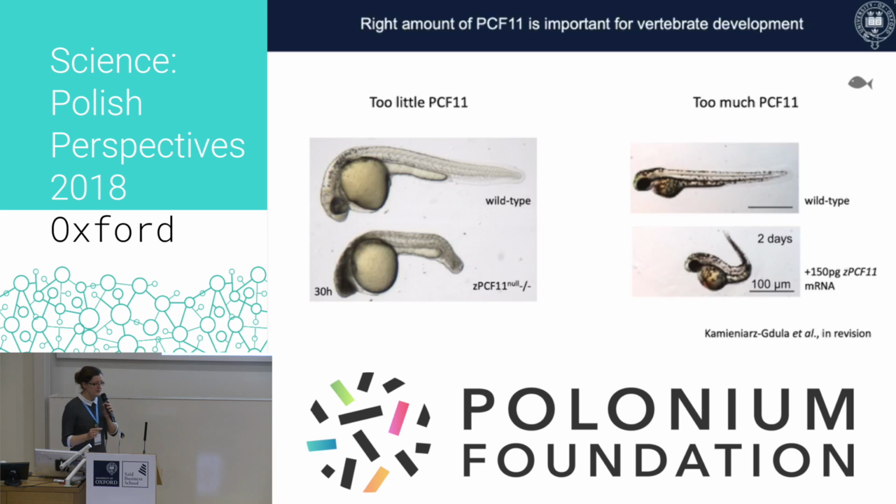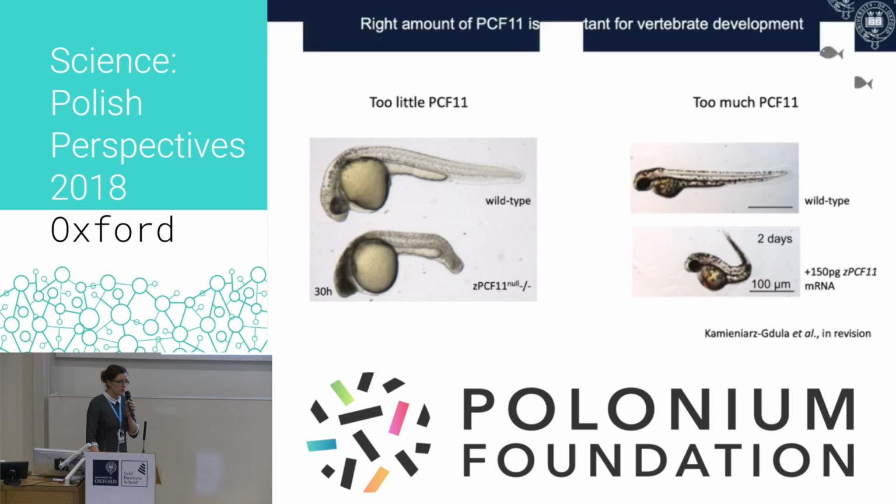Okay, so we have this factor that is very tightly regulated. This regulation also seems to be important in animal development, but maybe somebody could ask, does this have any significance to human health? Until very recently, there were no known diseases associated with PCF11 malfunction.